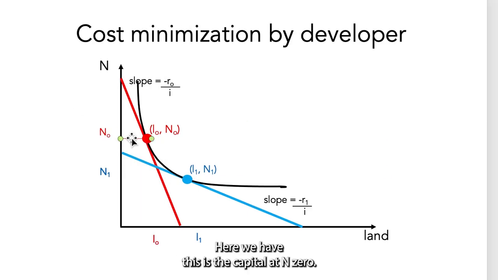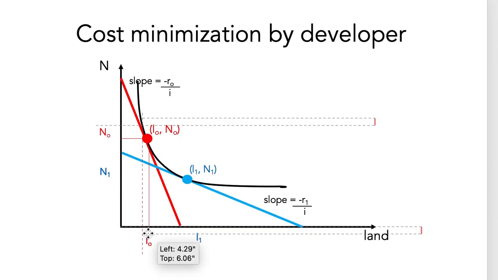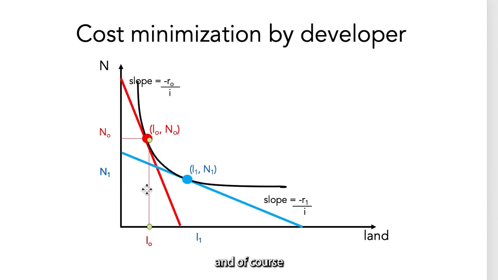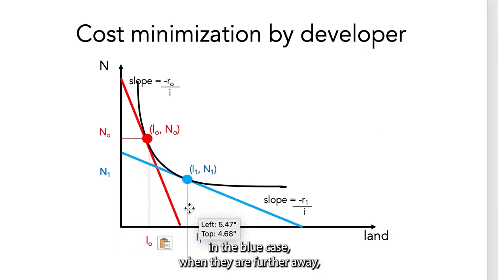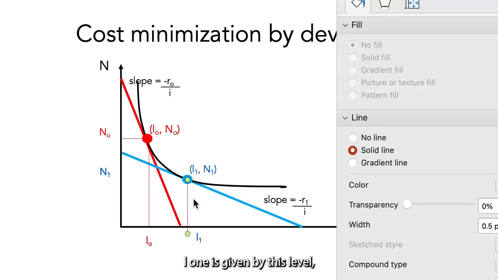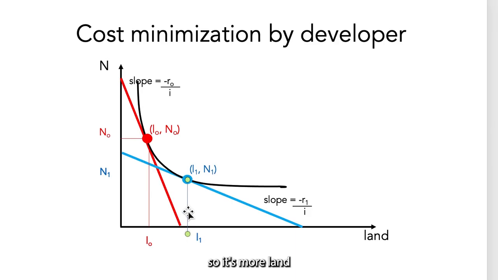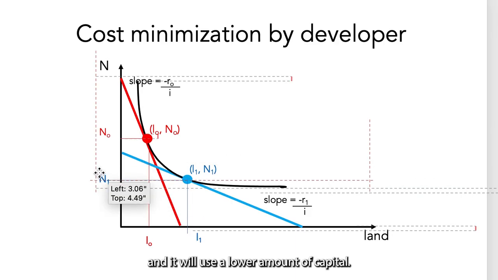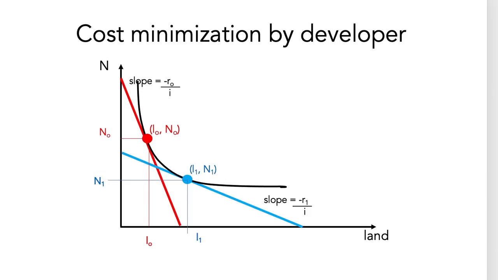Here we have the capital at N0. This is the land at L0. And of course, in the blue case, when they are further away, L1 is given by this level, so it's more land, and it will use a lower amount of capital.